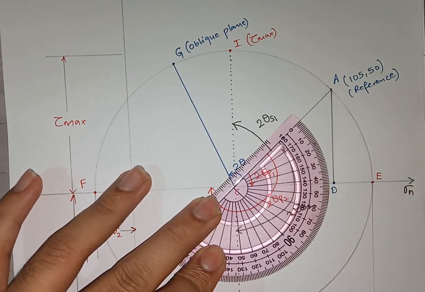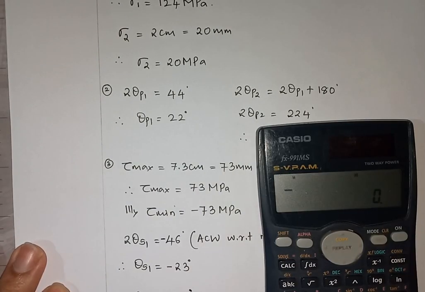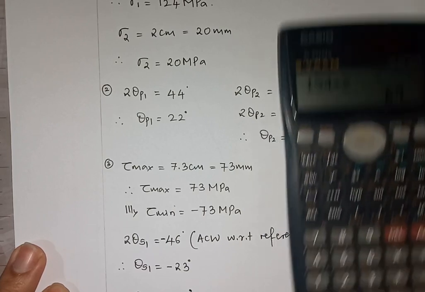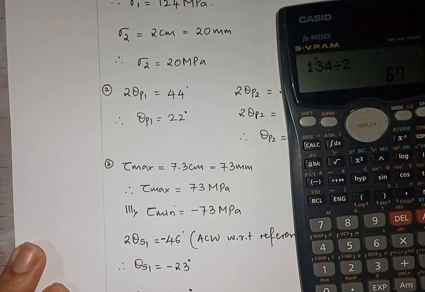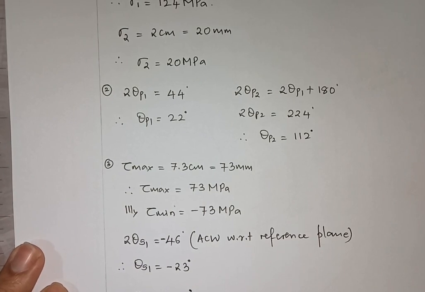So 2 theta s2 is 134 degrees, which is clockwise. Therefore theta s2 will be 134 divided by 2. So it is 67 degrees, and it is positive value, right? So we are done with the first point.